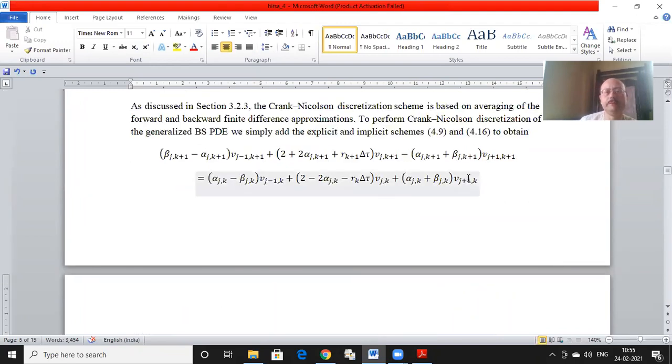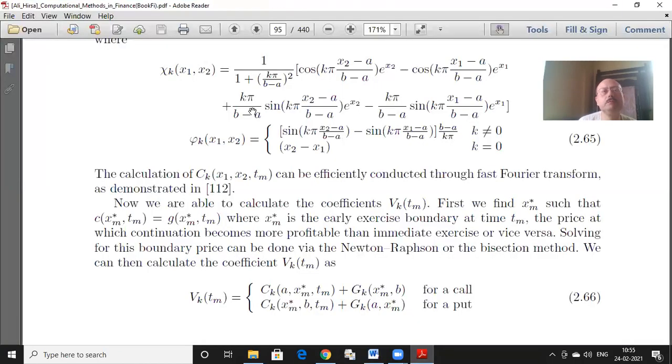Okay, so can you just check and tell me if this looks consistent? Because in the book, there were some typos. If you are looking at the book, which you should, there are some typos involved.